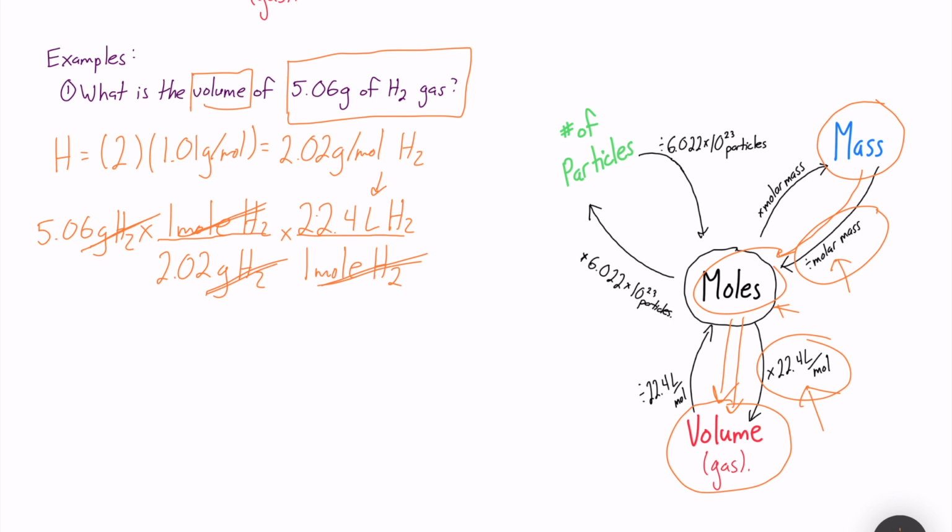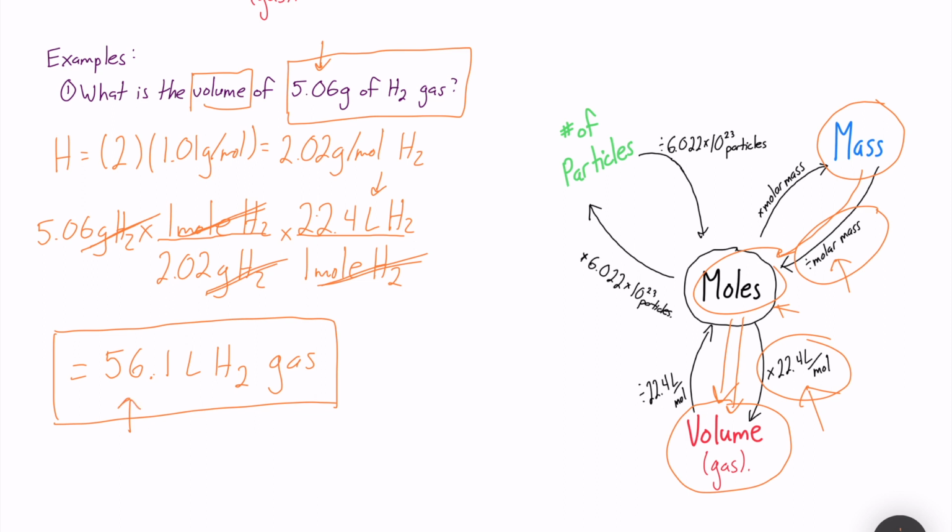So if we type this into our calculator, we have 5.06 divided by 2.02, and that is all multiplied by 22.4, and you should get an answer of 56.1 liters of H2 gas. That should be your final answer. Our significant figures look good. We have 3 in the question. We're going to keep 3 in our answer, and we are happy.